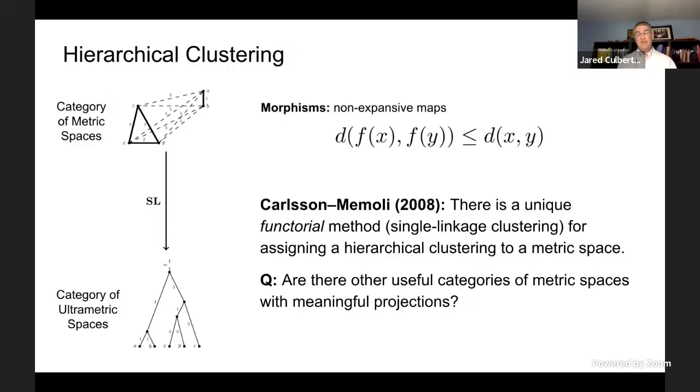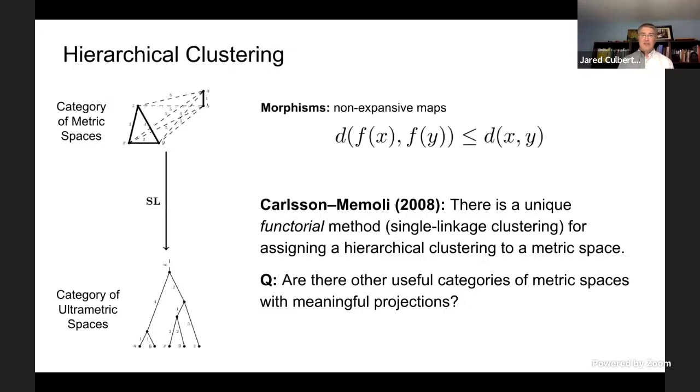And so this sort of philosophy of using functoriality of these methods to encode consistency with respect to these sorts of maps, we thought was a pretty interesting one, and I think was very insightful by them.